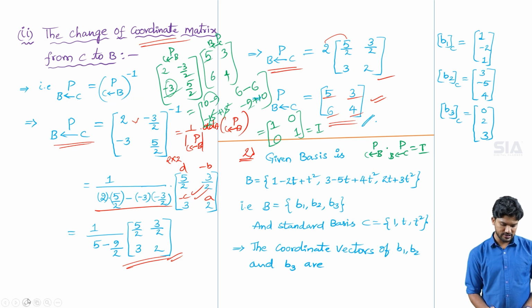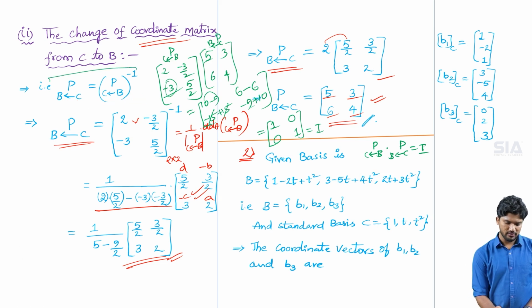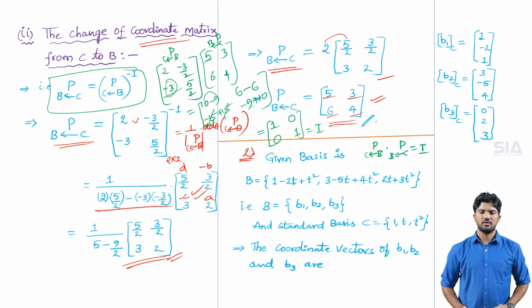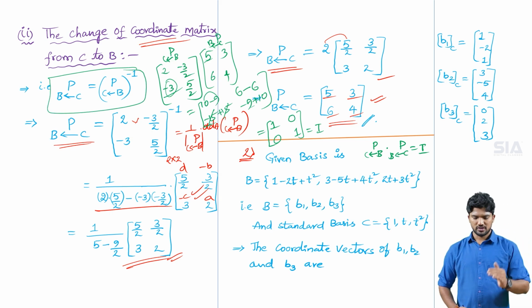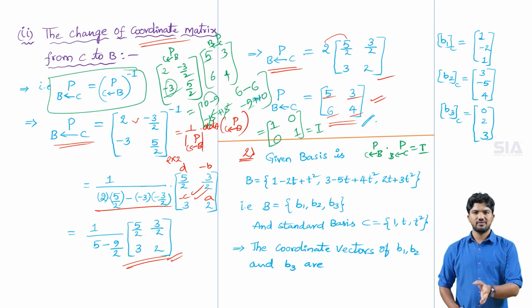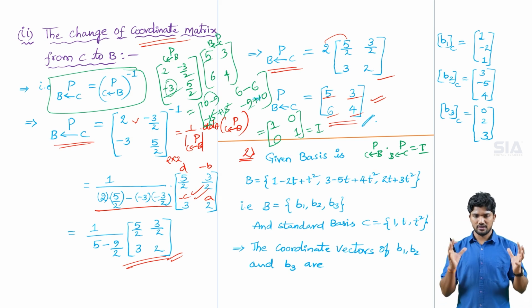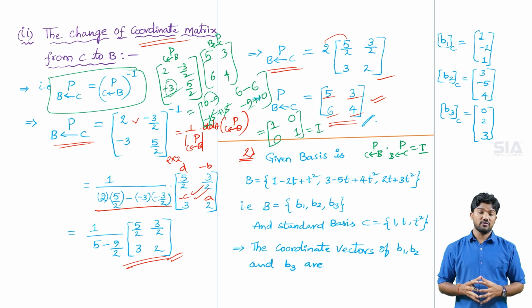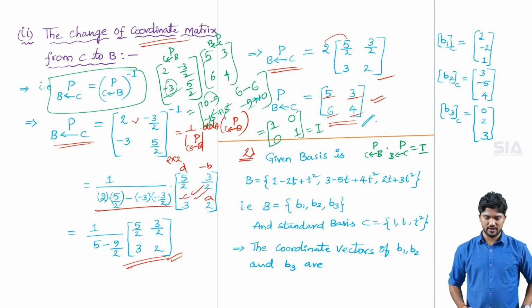From that equation only we can derive this formula. Now you understood. Whenever you get the coordinate matrices in this format, you can multiply both of them, and then you will get the identity matrix. Then those two matrices are invertible matrices. So in this format also you can cross check the given solution.